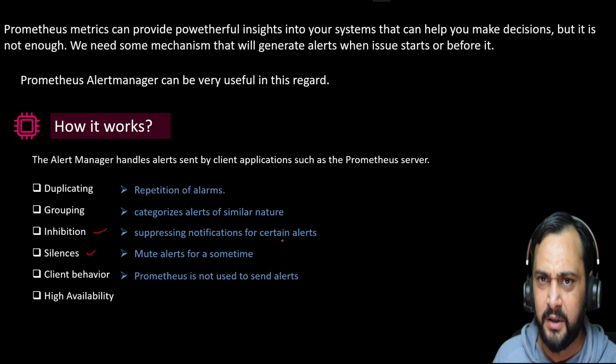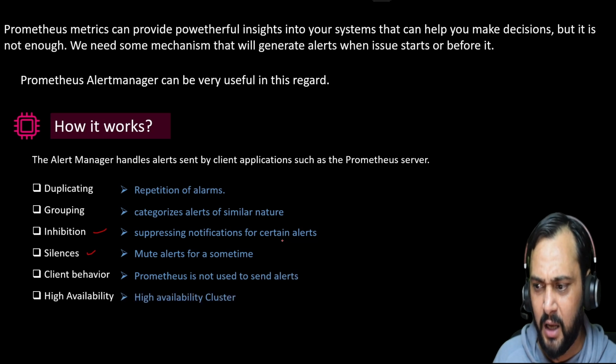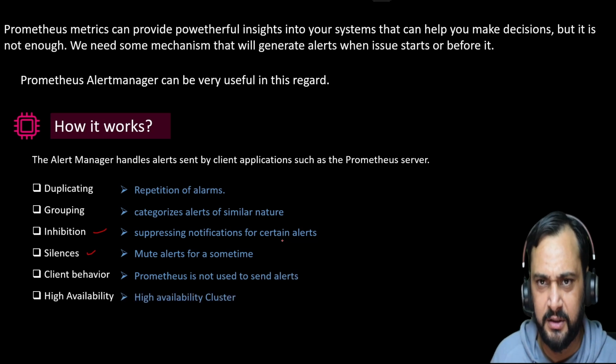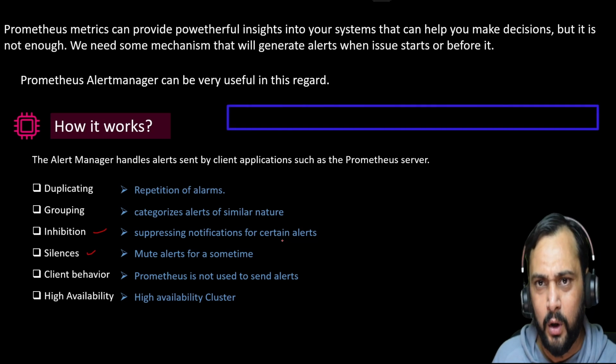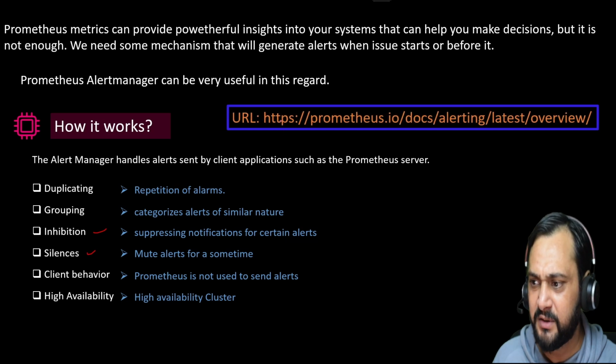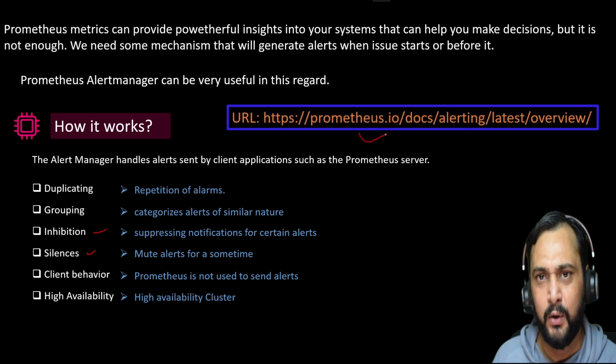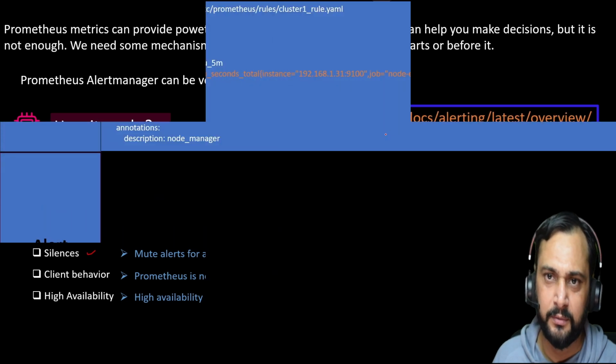Client behavior is for when Prometheus is not used to send the alerts, and high availability is the cluster HA. We are pretty aware of what HA is, right? And if you want to learn more, you can directly visit this site. You will find more information.